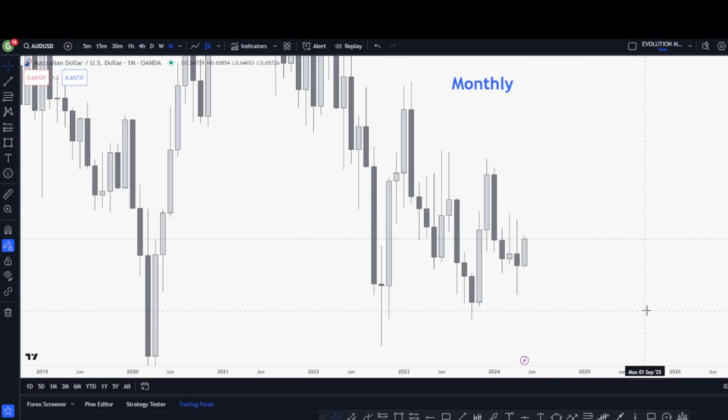So we'll start with the monthly, and what we see here on the monthly is that price moved down, then created this bullish candle, then a bearish candle for a drop, and what we see right now with this candle here is price tending to move to the upside.